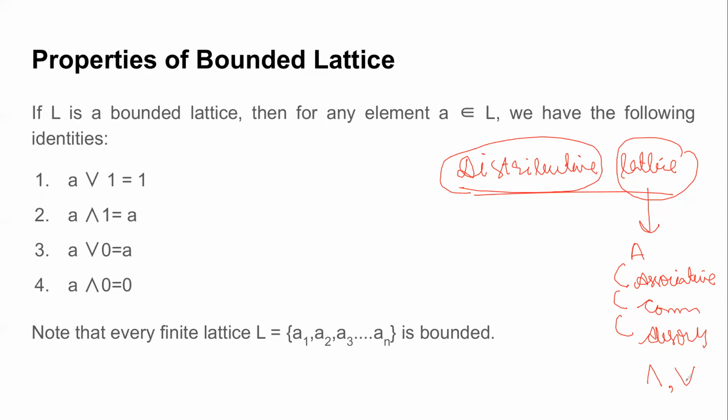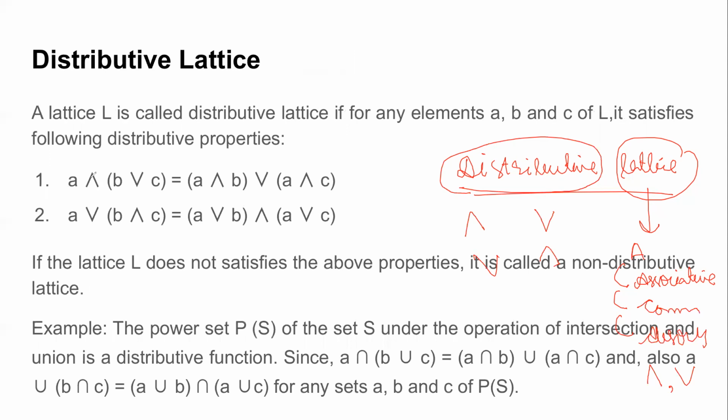And what should distribute over what? The intersection should distribute over union, and union should distribute over intersection. That is the only thing we have in a distributive lattice. If you consider the distributive property of intersection over union or union over intersection, this should hold. So any lattice satisfying this property in addition to these three properties is known as a distributive lattice.